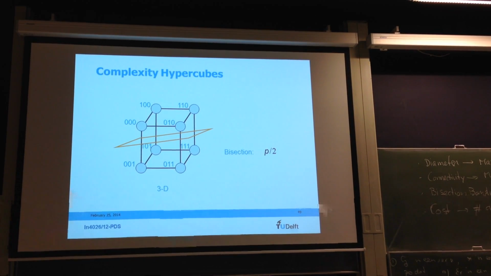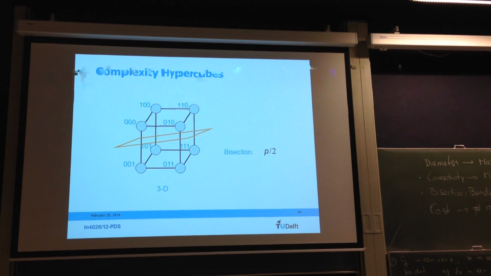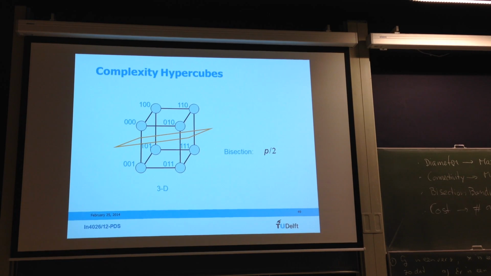But the connection goes 2 ways, right? So it's linear in p, right? So that's quite extensive actually, because that means it's a very high bisection bandwidth in this hypercube structure. The other one, the cost, might also be a bit difficult, depending on the order.